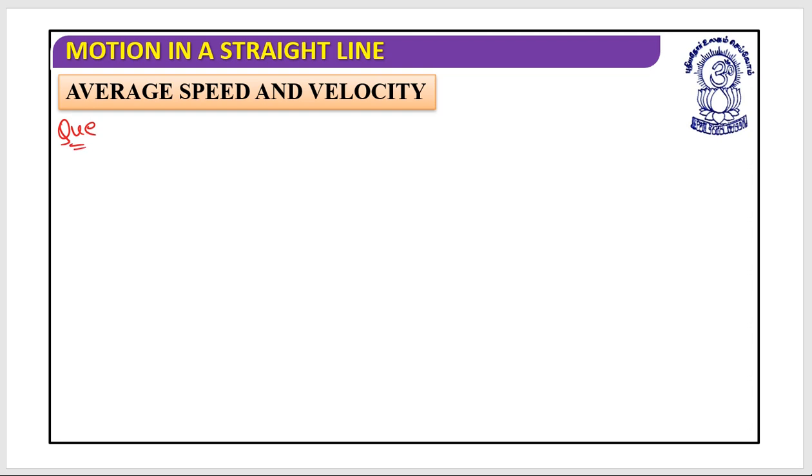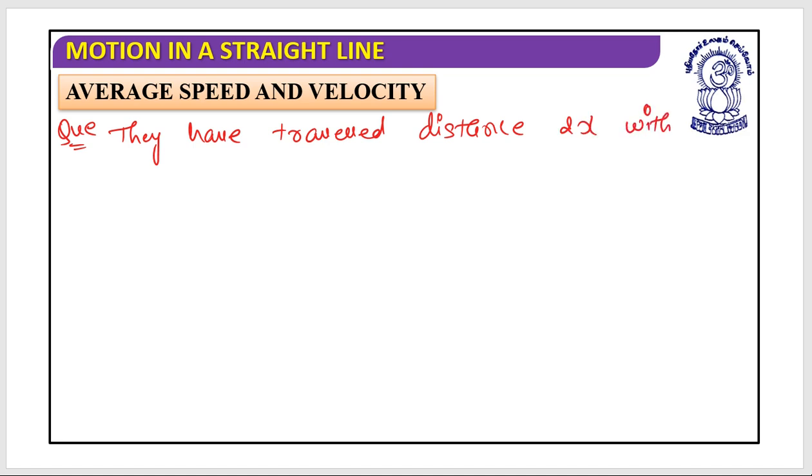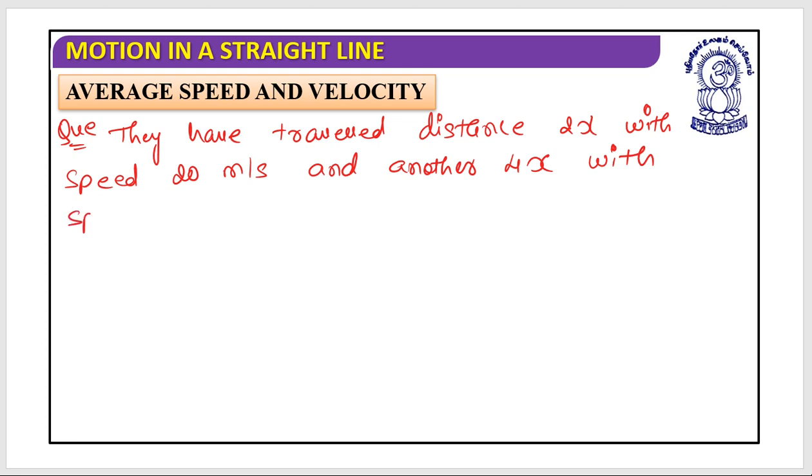Let's say they have traveled a distance 2x with speed 20 meter per second, and another, let's say 4x, with speed 40 meter per second.